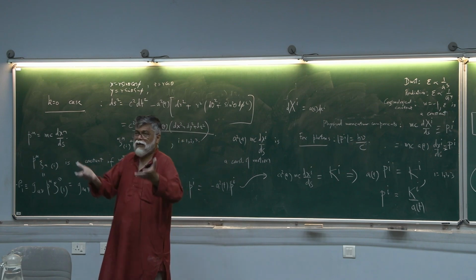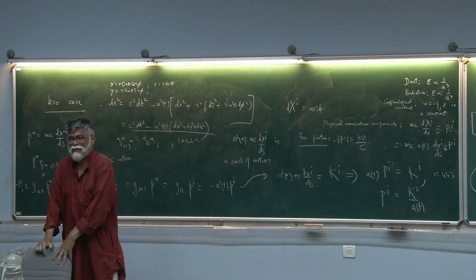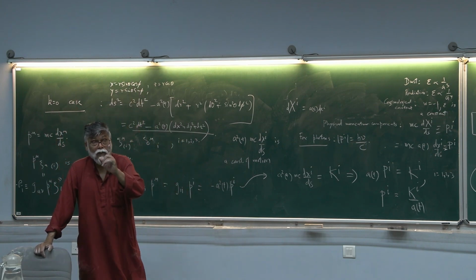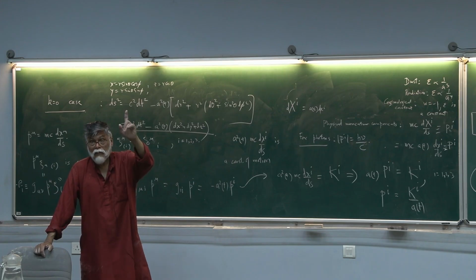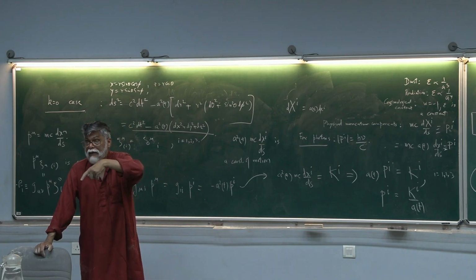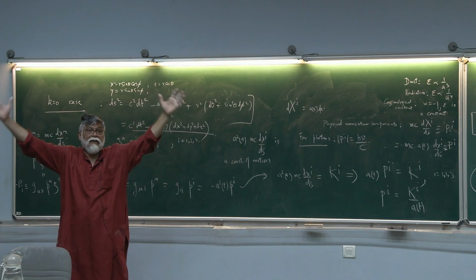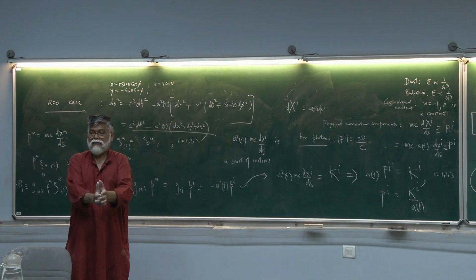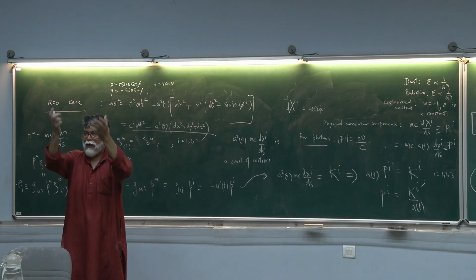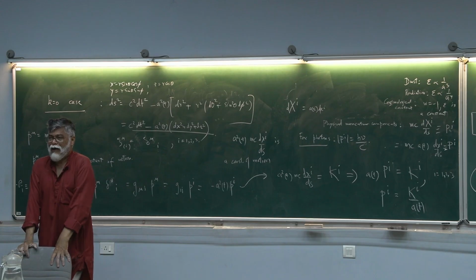So h nu by c will also go down as 1 over scale factor. That means nu, the frequency of a photon, will go down as 1 over scale factor. So if you have a thermodynamic black body radiation, the frequency goes down as 1 over a of t, and therefore the temperature must go as 1 over a of t.